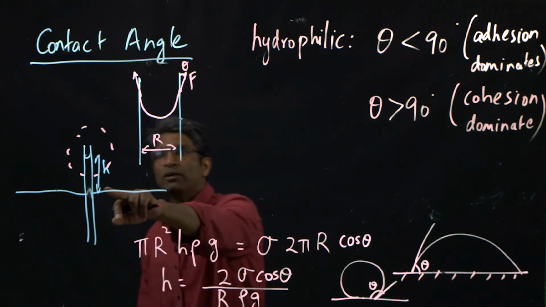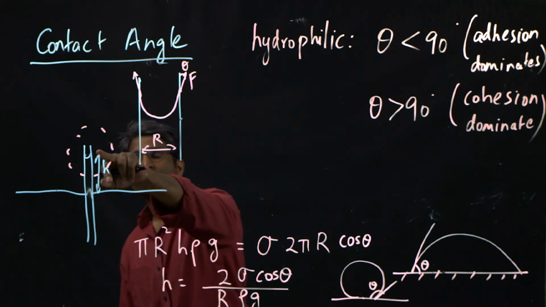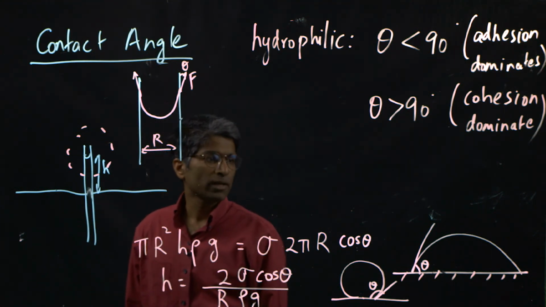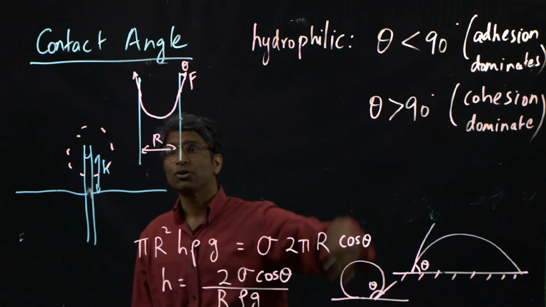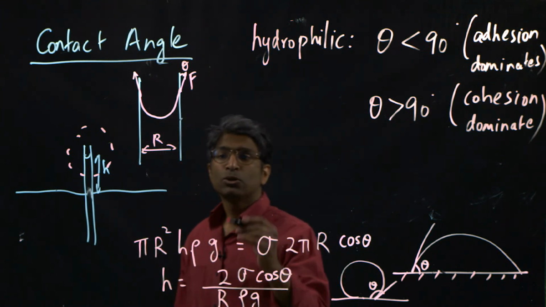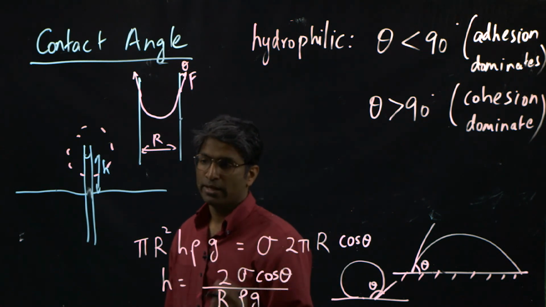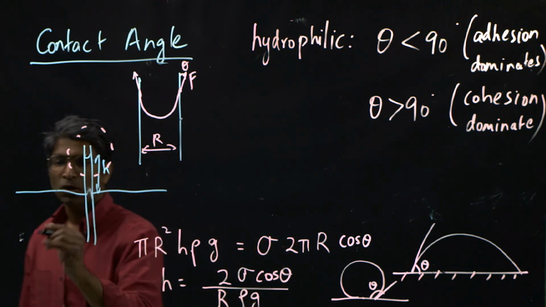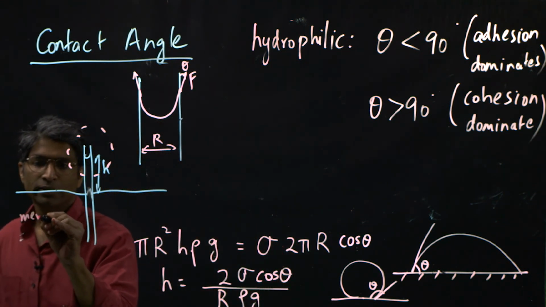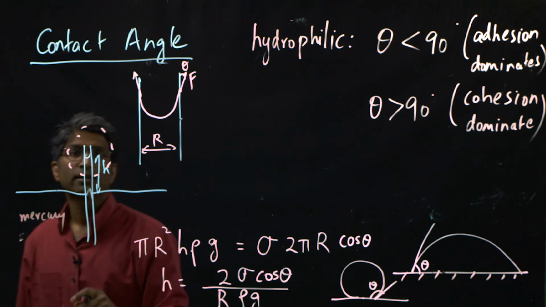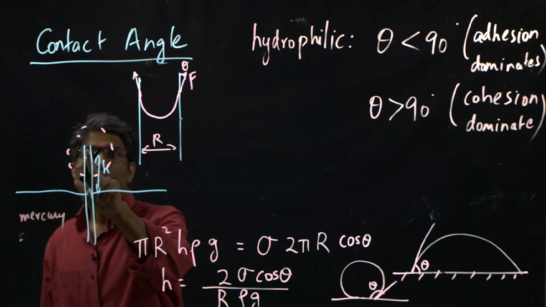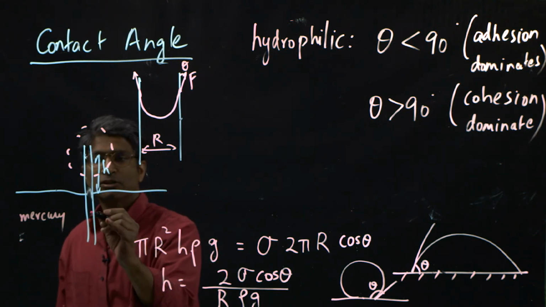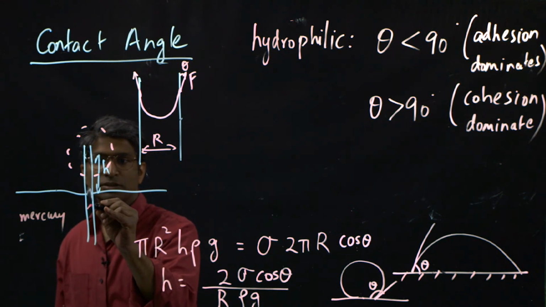So this case where water or any liquid rises up the needle or straw is a case where clearly adhesive interactions are dominating. If you took, let us say, a glass tube and stuck it, instead of water, into mercury, you'd find that instead of the fluid rising, the fluid would actually be depressed.